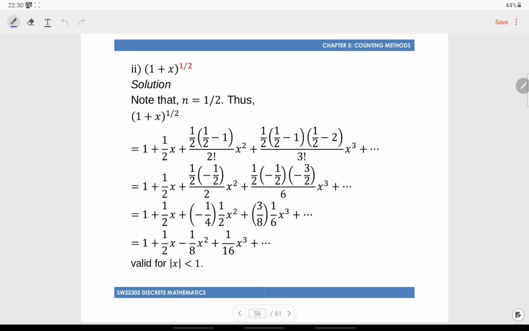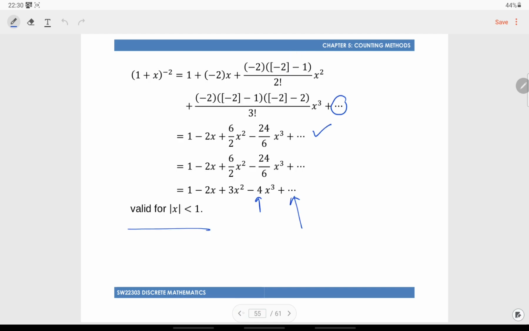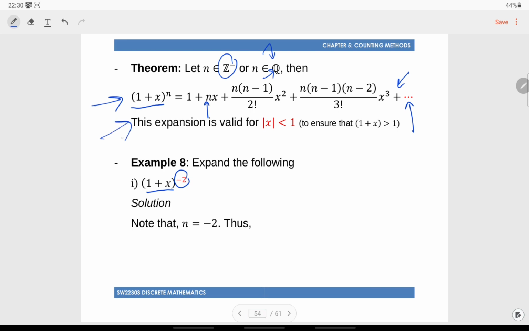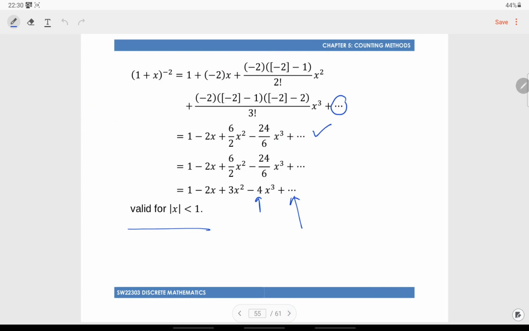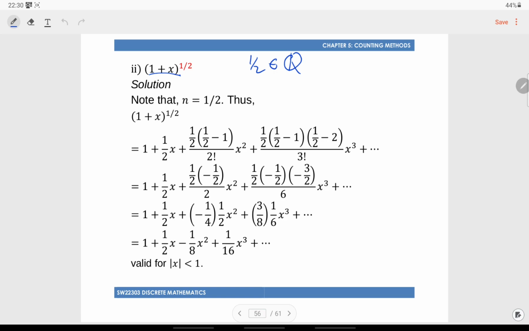This time also we have the expression inside the parentheses exactly the same as the formula: (1 plus x) to the power of half. Half belongs to the set of rational numbers because it is a quotient, so we have to use this theorem to come out with the expansion. We know our n is equal to half.